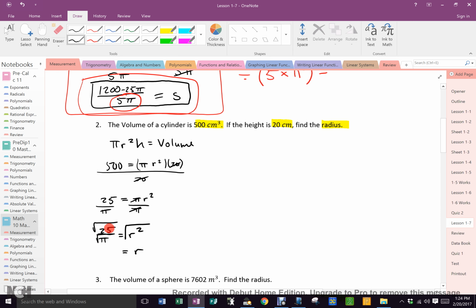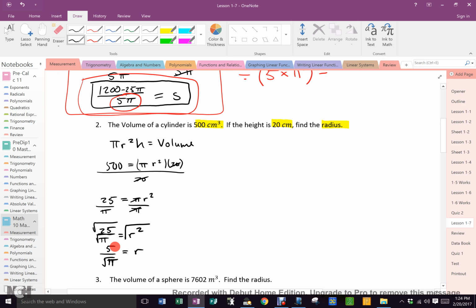Well, what is the square root of 25? 5, because 5 times 5, right? So I've got 5 over the square root of pi. And right there, if you understand getting to there, I'm super happy. Okay?